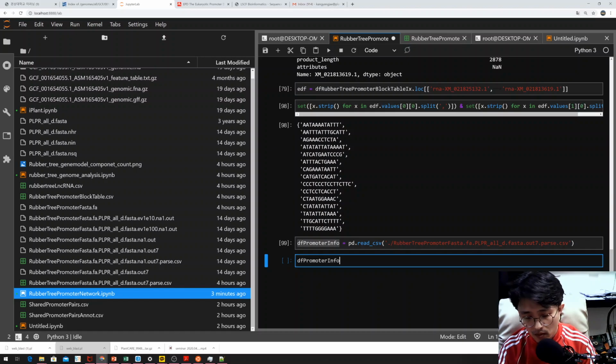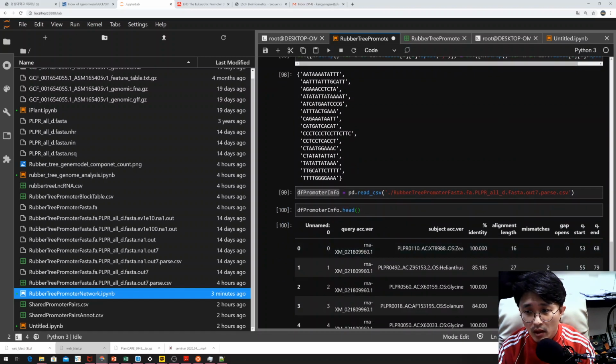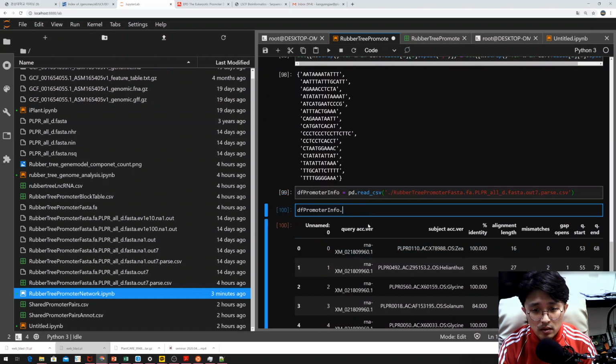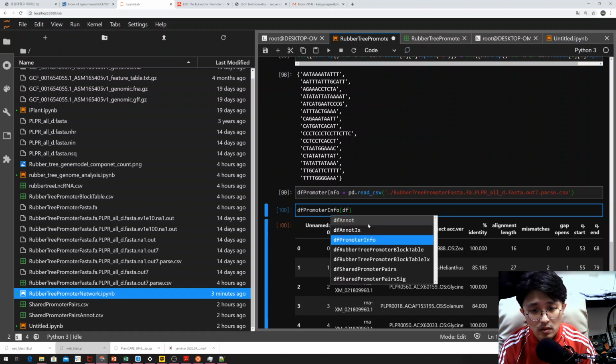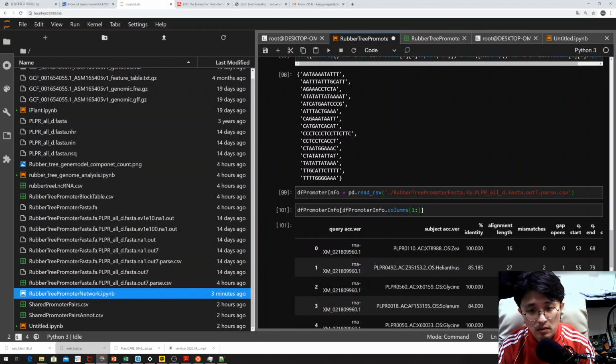Then now we have columns. This is much better, right?